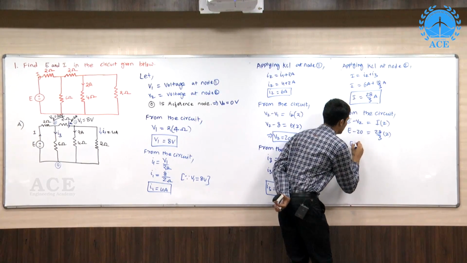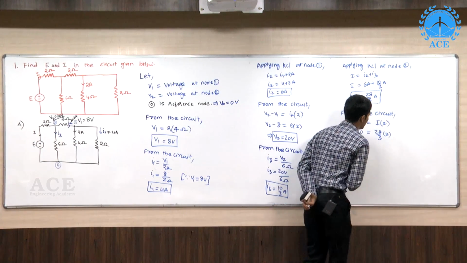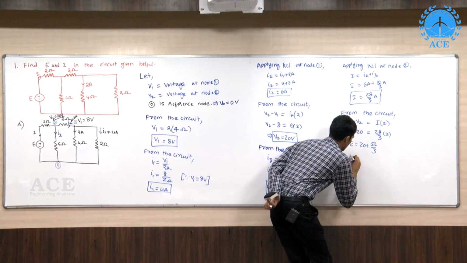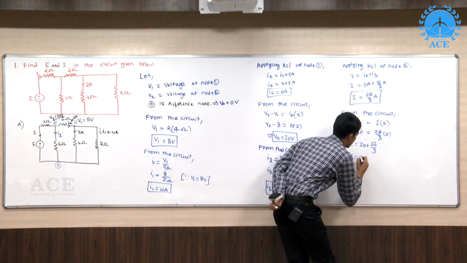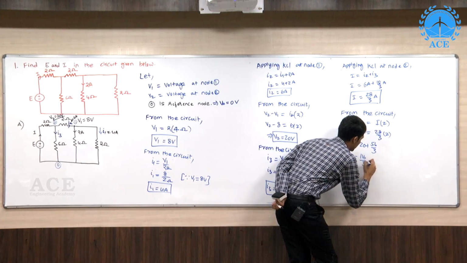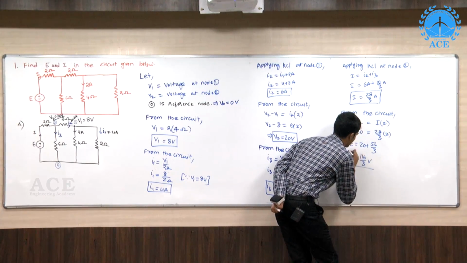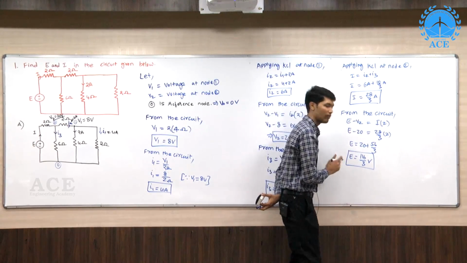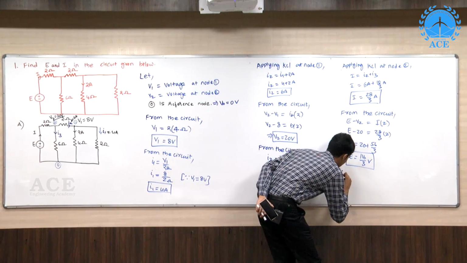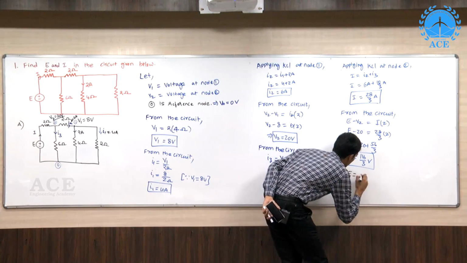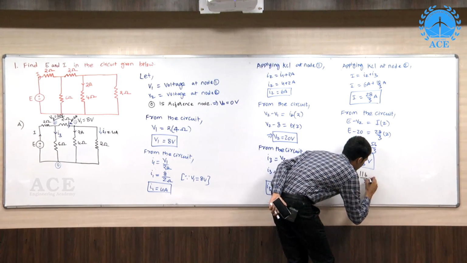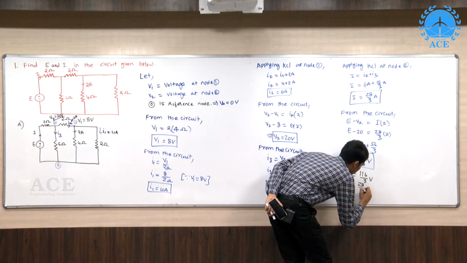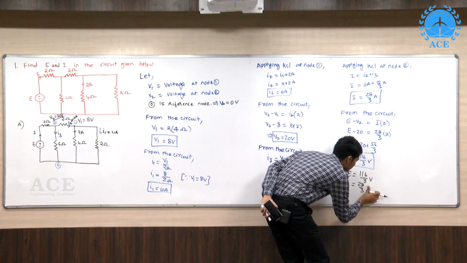So E is equal to 20 plus 56 by 3. So E is equal to 60 plus 56, which is 116 by 3 volt. Now we have calculated both the values, so I will box up my final result. Therefore E is equal to 116 by 3 volt, whereas I is equal to 28 by 3 amperes.